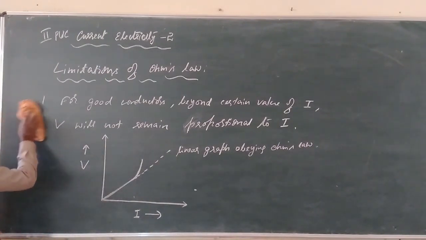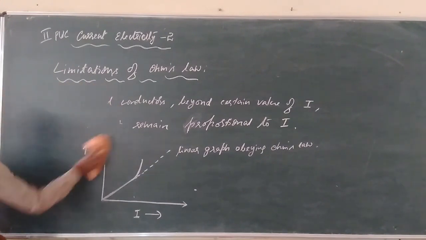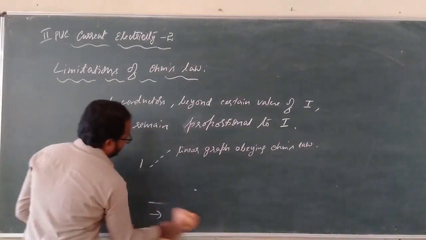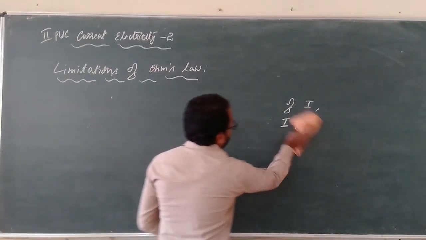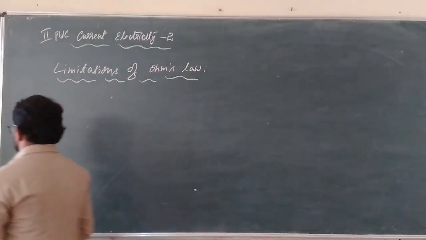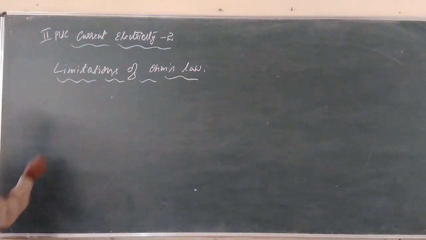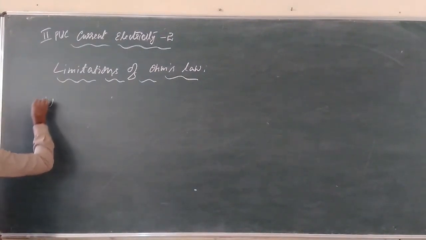So the next one is: for certain materials, the relationship between V and I depends on the sign of V. This is the second limitation.